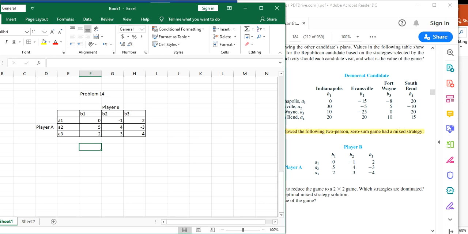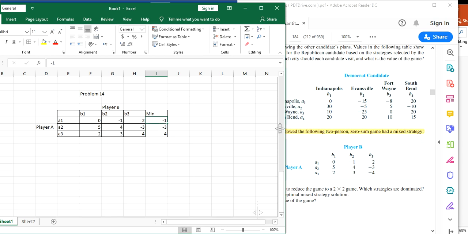So since we have 3 by 3, first of all we check minimums over here: minus 1, minus 3, minus 4.